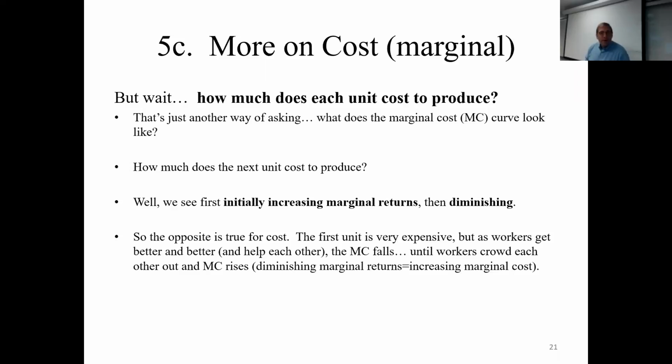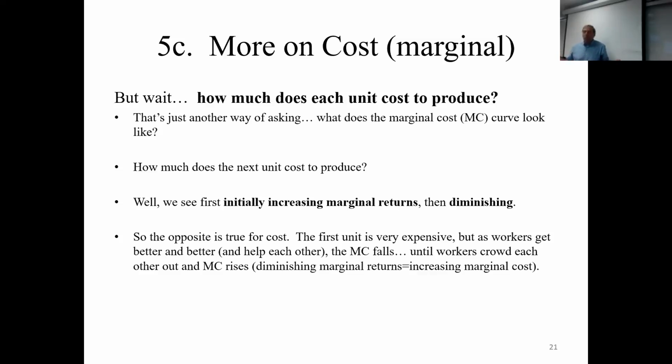Now let's go back to our friend variable cost. We've seen that each unit has a different cost of production. Some are more expensive than others because workers get more efficient and they start crowding each other out. So we're going to have to ask ourselves, how much does each unit cost to produce? That's just another way of saying, what does the marginal cost curve look like?